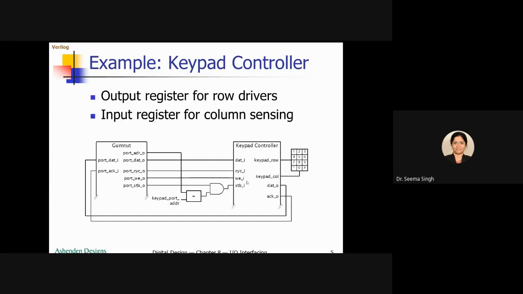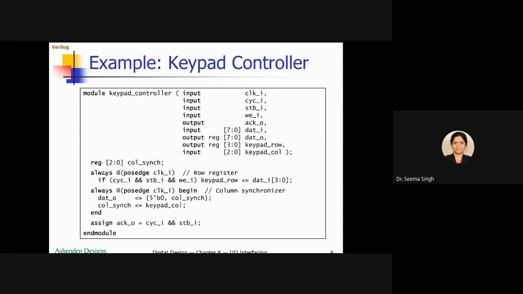So when keypad controller is into work, we need to tell the processor, Gumnut processor, that our keypad controller is working now. So it gives the acknowledgement back here, feedback, and that shows that my keypad controller is working, and that is why acknowledgement underscore O output will be high.